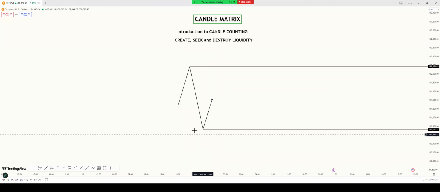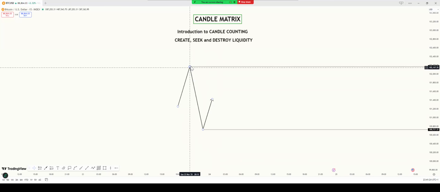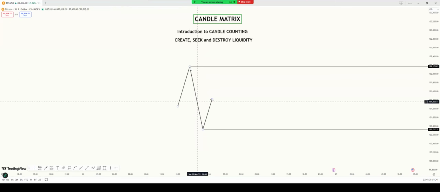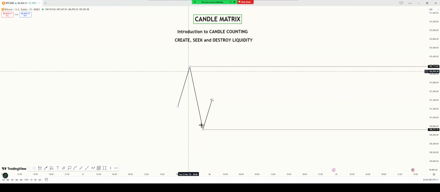Okay, it's very simple. We want to count the number of candlesticks that it took to create this high to this low, the range high to the range low. Outside of the range, that's outside here.